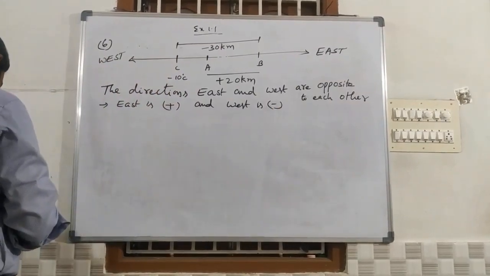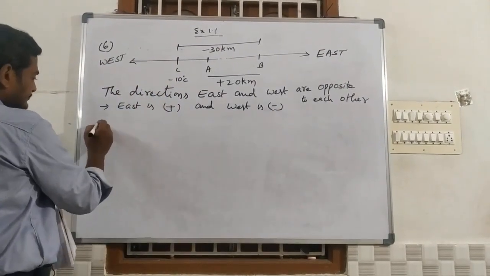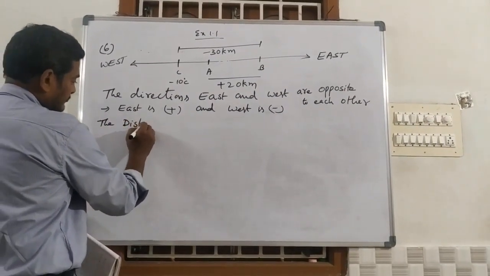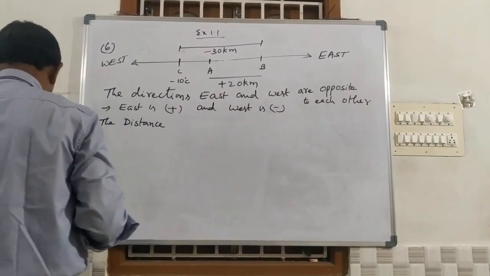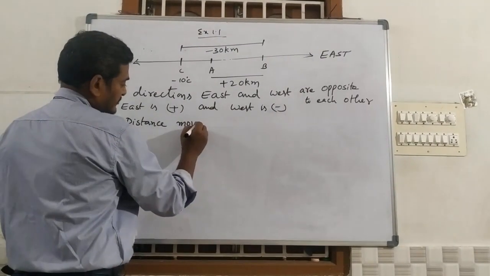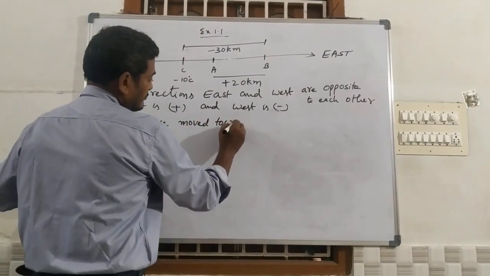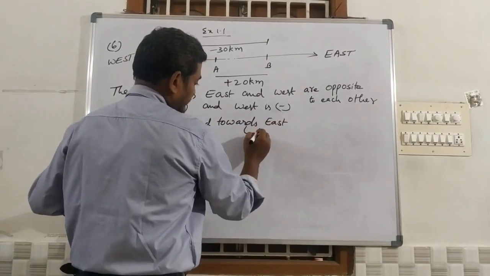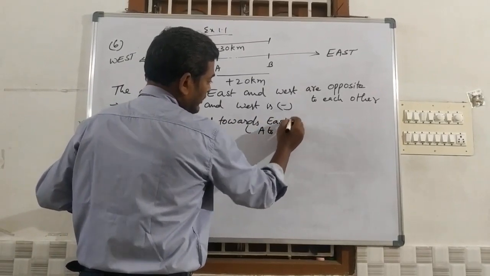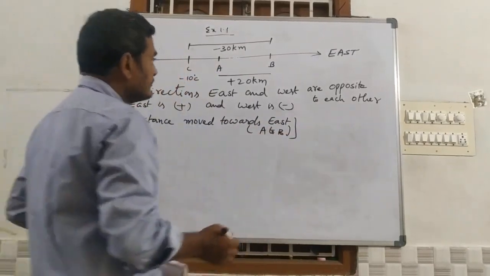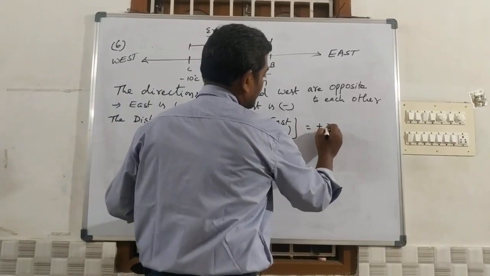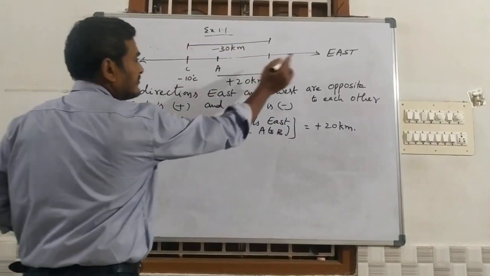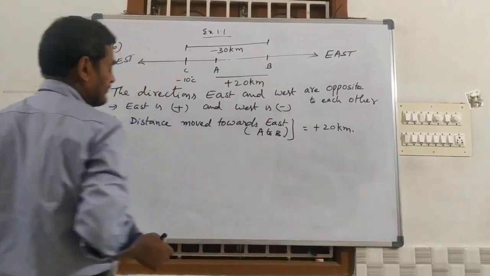Now the distance moved towards east, A to B, is 20, equal to plus 20 kilometers. A to B is towards east, which means it is a plus symbol.